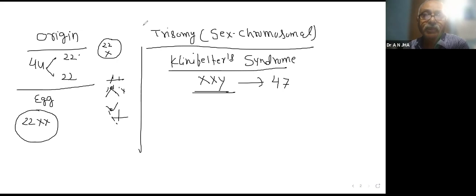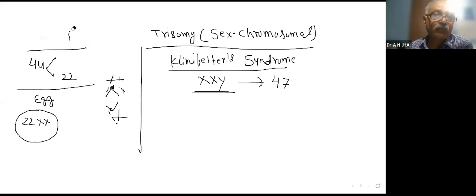So when you come to the 12th, you will study the process of oogenesis. Some of you might have studied it, but in KVPY we have to link everything. We can't leave it.